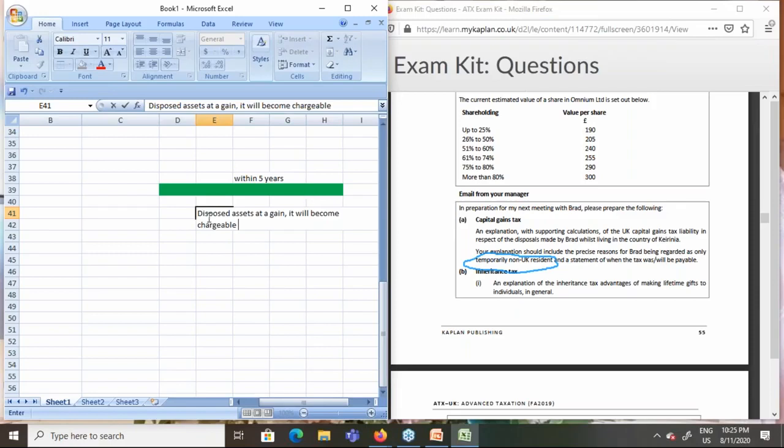However, you have to be a little careful here. There can be 3 types of assets. One, assets bought before leaving and sold after leaving.